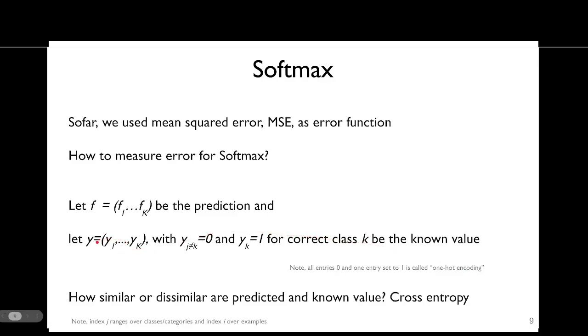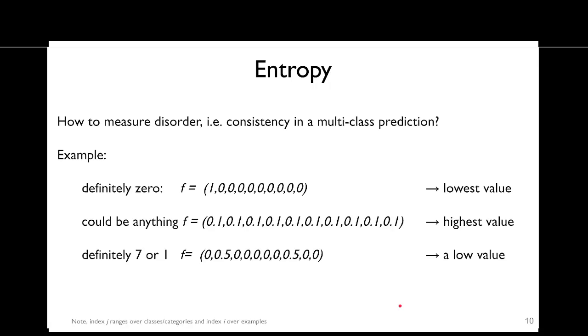So this vector of y's must be compared to this vector of f values. And in order to decide how dissimilar or similar they are, we introduce the concept of entropy and cross-entropy. Now, let's first get an intuitive understanding of what we want to measure. We want to see how disordered the sets are, how consistent our prediction is with the known labels.